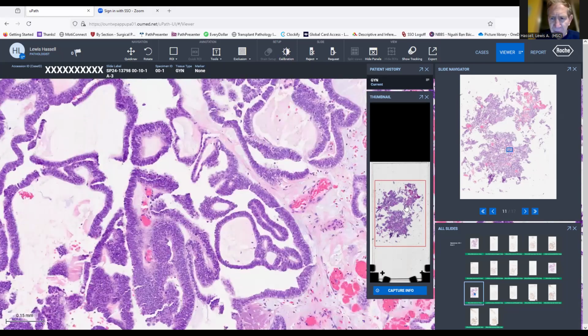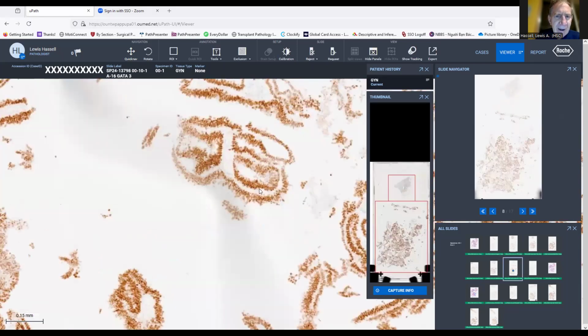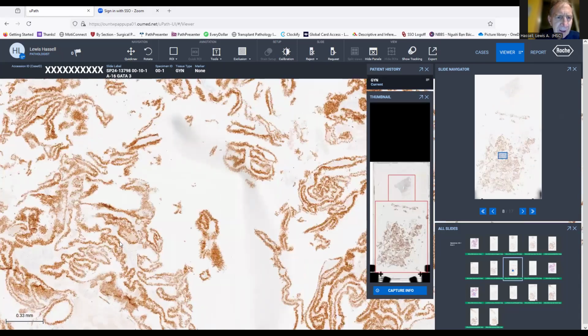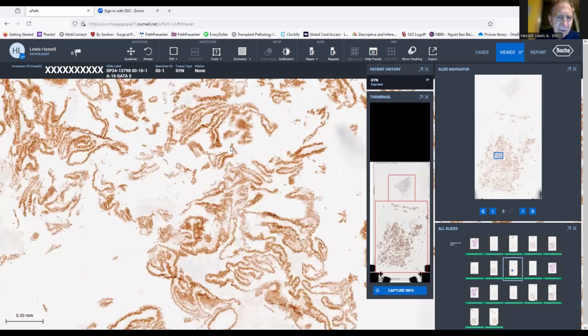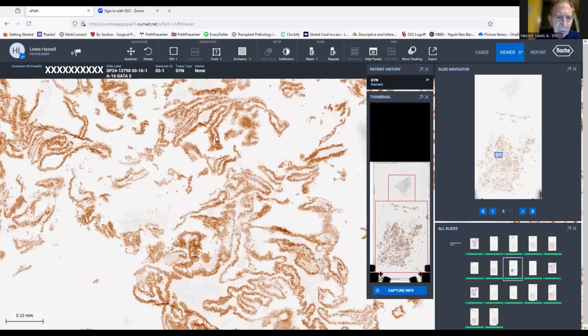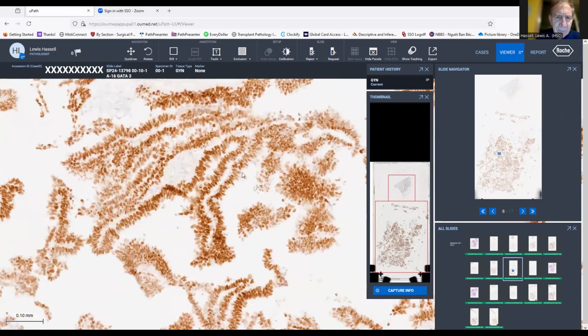Specifically, could it be a mesonephric type tumor? So we did the GATA3 stain and TTF1 stain. And sure enough, here is the GATA3 stain, which, as you see, marks every nucleus.